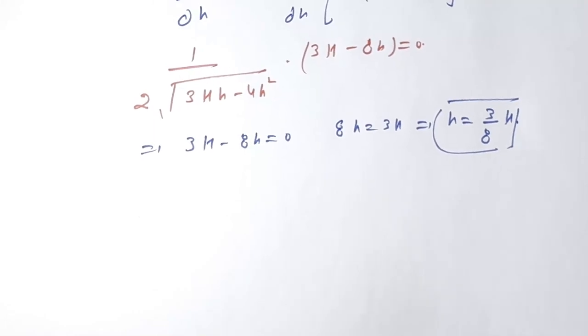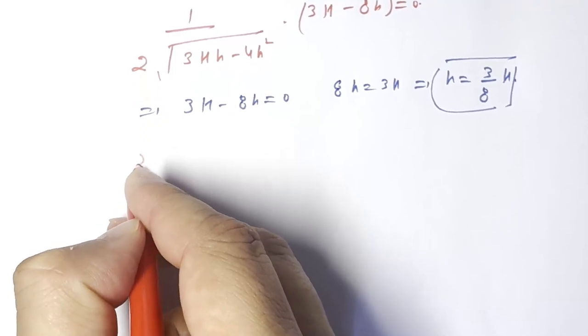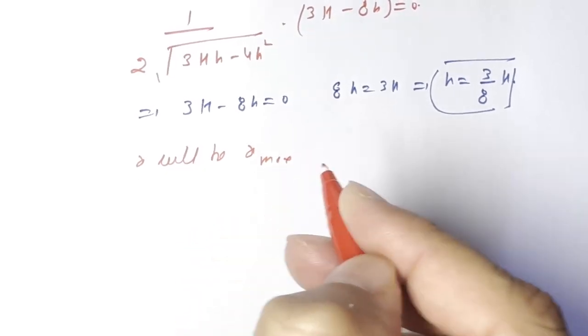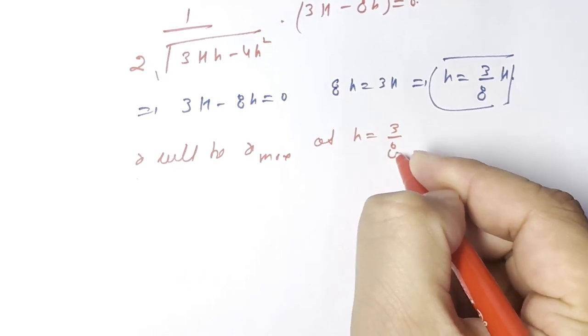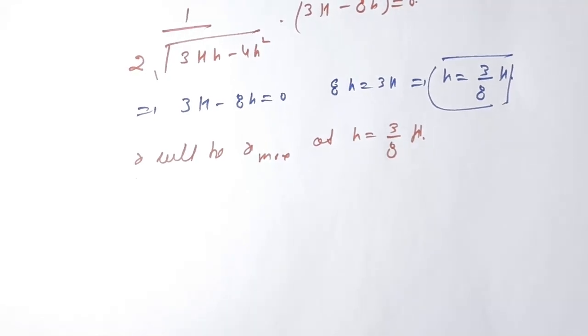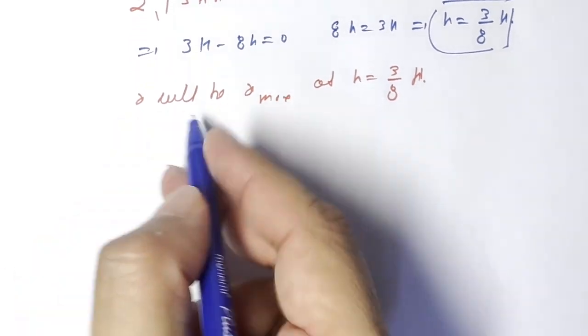So x will be maximum at this height. Therefore, x will be x maximum at h equal to 3 by 8 H, and we are supposed to find the maximum value also.